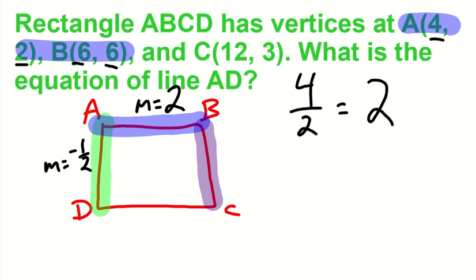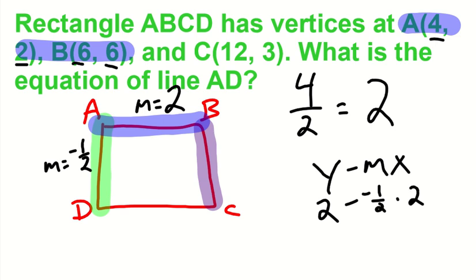All right, so now we do y minus mx. We have to use one of the points that line goes through. Well, we don't have D, do we? So we got to use A. Have to use the 4 too. So our y value is 2 minus negative 1/2 times x value is 2. Okay?